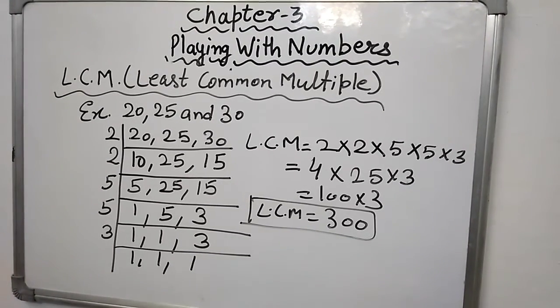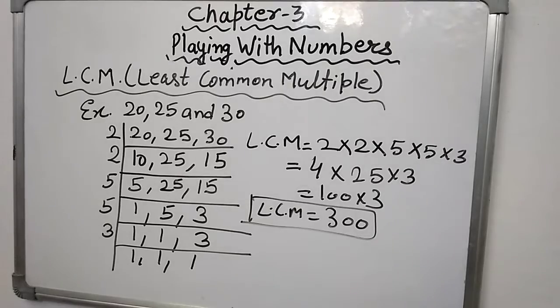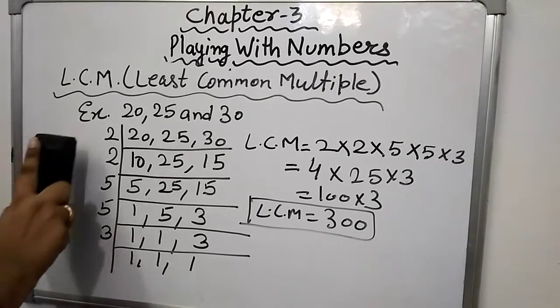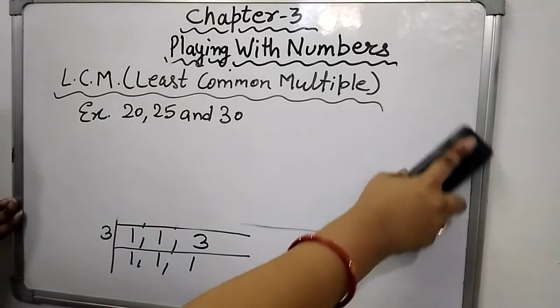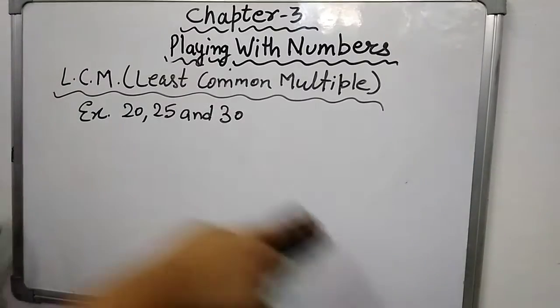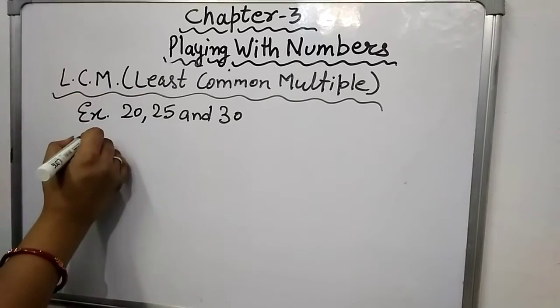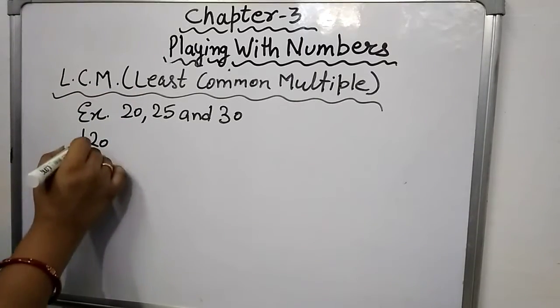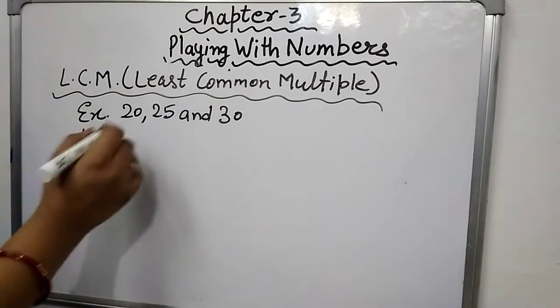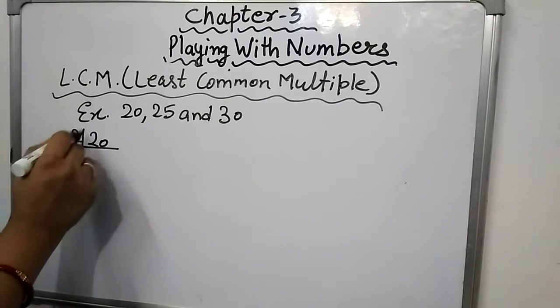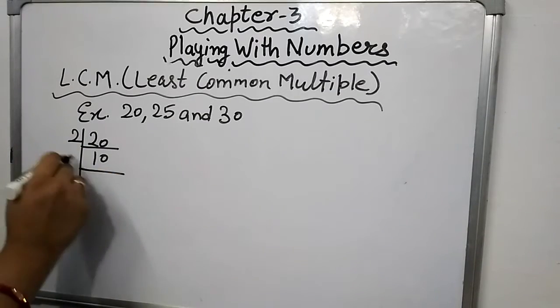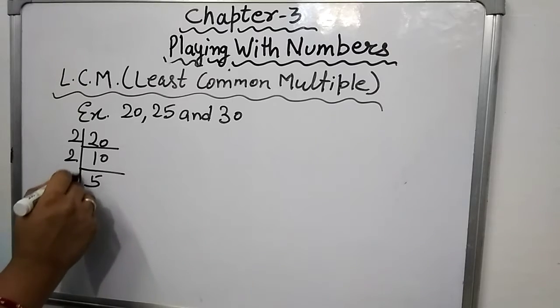There is one more method to find LCM, called the method of prime factorization. In that, similarly, we will find the prime factors of each number individually. Firstly, we will do it for 20. We find the prime factors of 20 by repeated division.